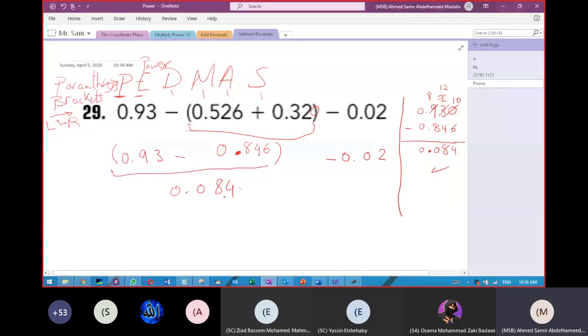Would you like to align the numbers or to go for them right away? Okay, align them. All right, sure. So what should I write here? 0.084 minus 0.02, and we will add a 0. Excellent job. Now let's do the subtraction. 4 minus 0.